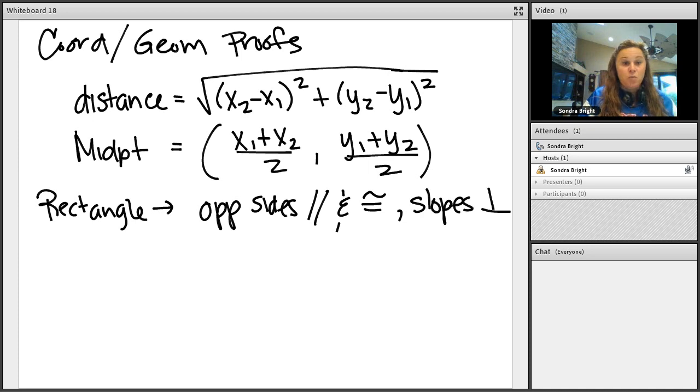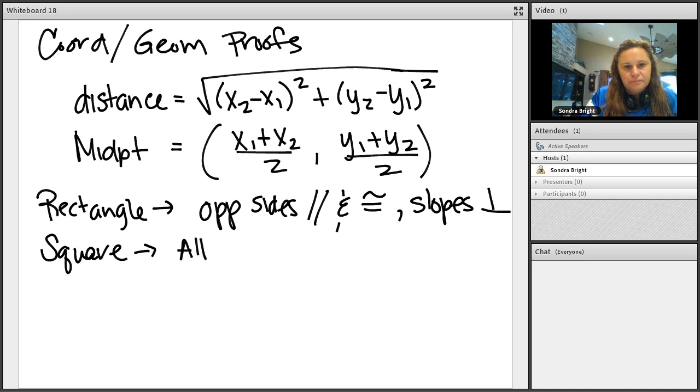That's what makes it a rectangle. A square has all four sides congruent.